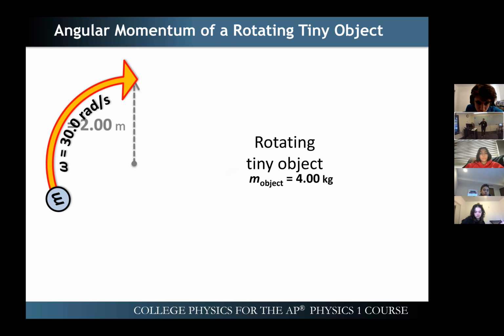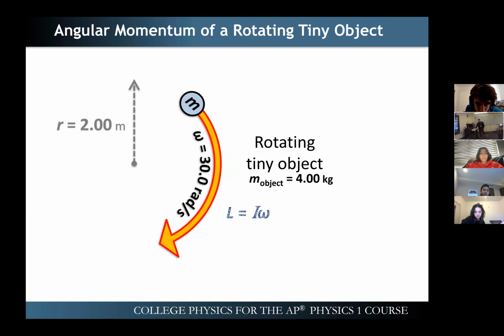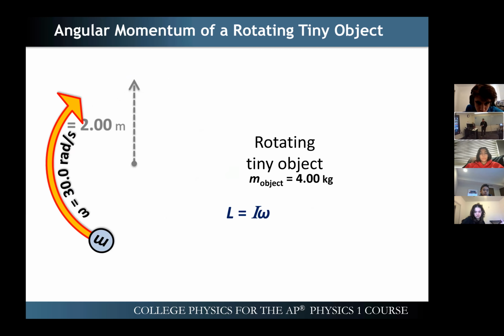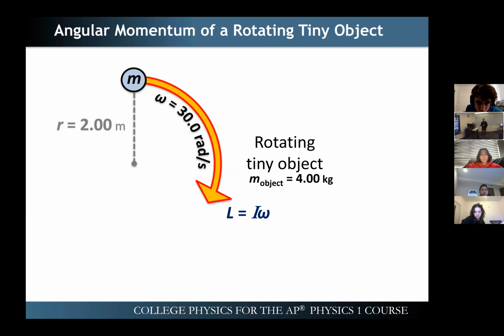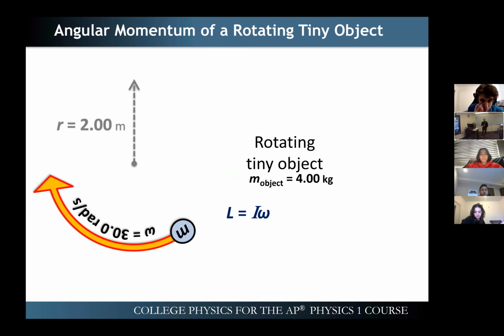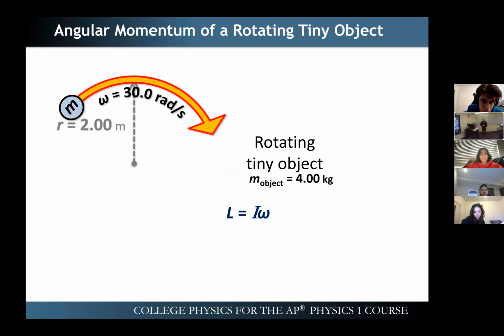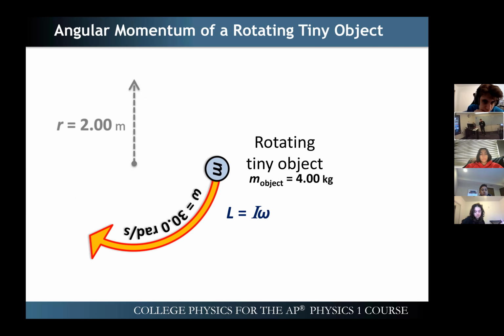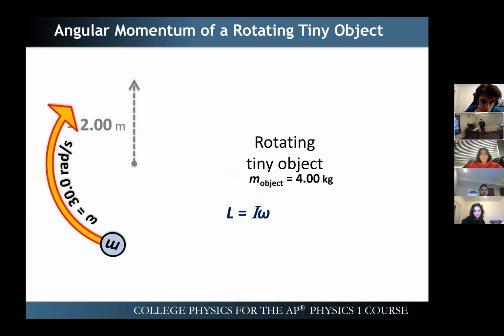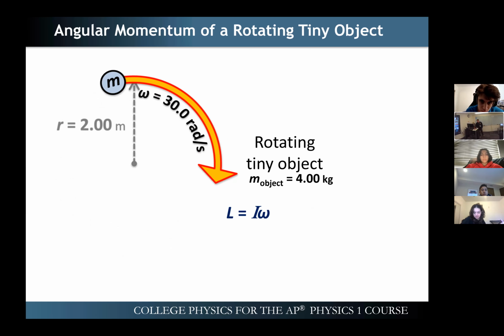But if we're going to use that angular momentum equation, we can figure out the I value and we're given the omega. How would we calculate the I value? 4 kilograms times 2 meters squared. We take the mass times the radius squared.